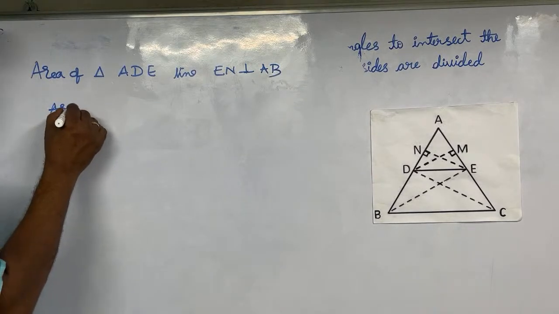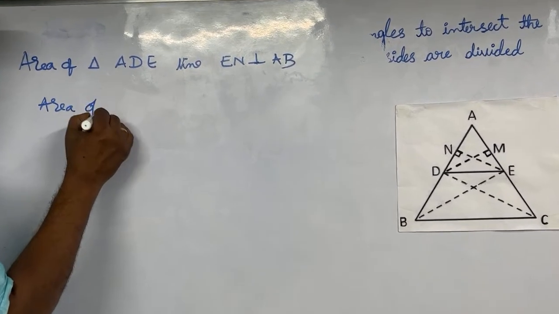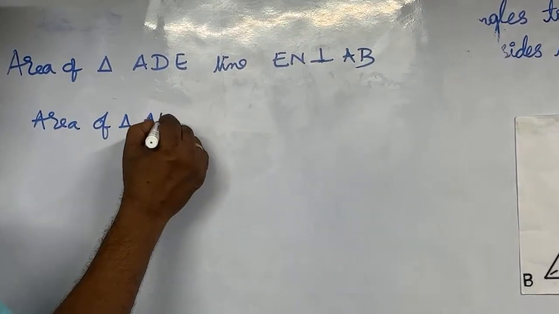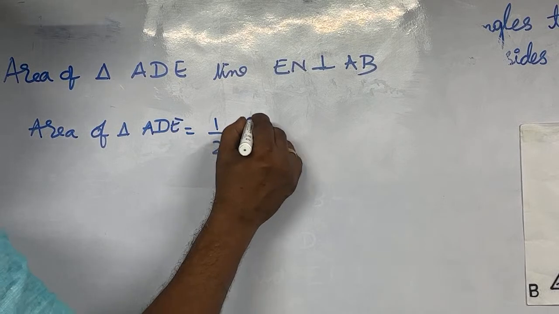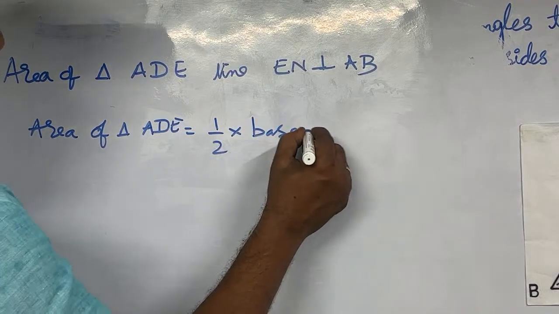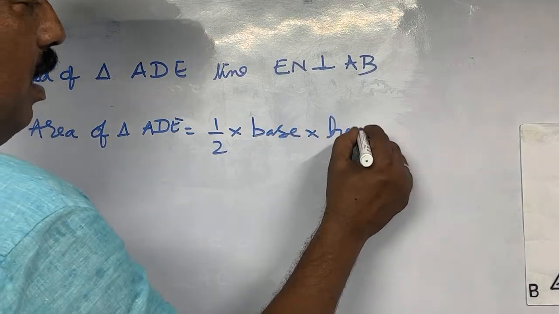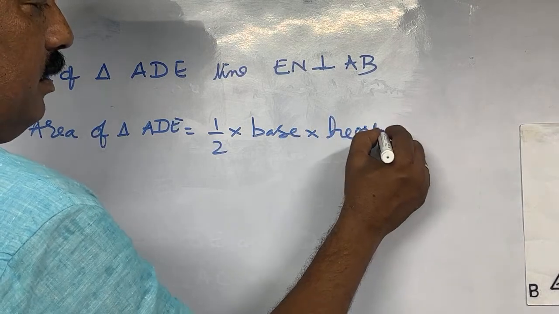Now, the area of the triangle ADE is equal to half into base into height. Half into base into height.